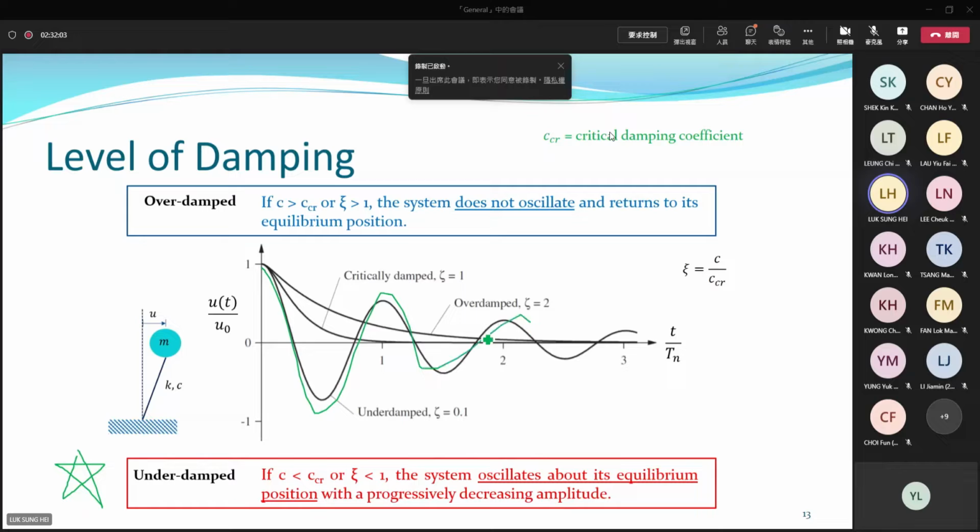For a building under earthquake or under wind, the structure will oscillate back and forth, rather than just damp down. If you play with some mechanical machine problems, then maybe they have overdamp. So we'll spend more time on the underdamped scenario rather than overdamp. Overdamp is just for your information.